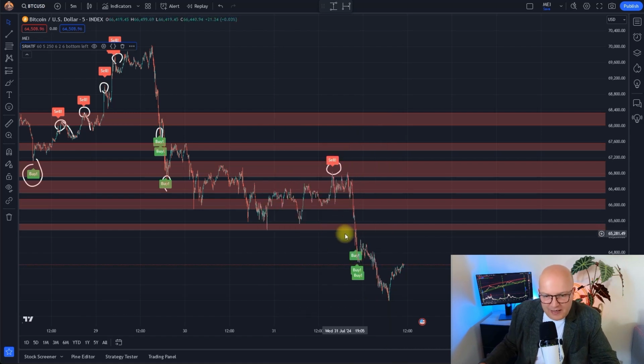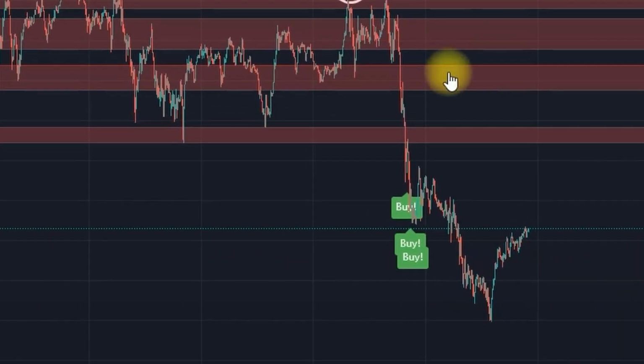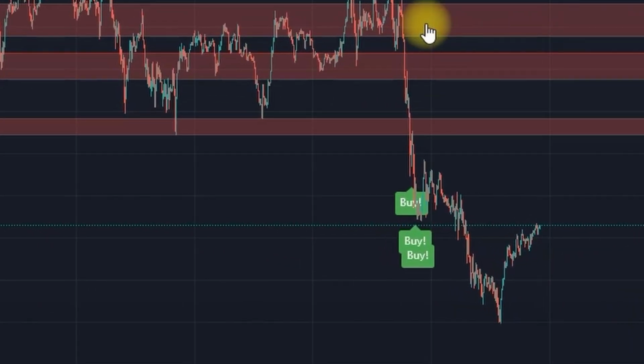So you should try to align these buy and sell signals with areas where this indicator, for example, says, hey, this here is a zone of either support or resistance, with the price now trading lower than these levels. These levels, of course, become zones of resistance.